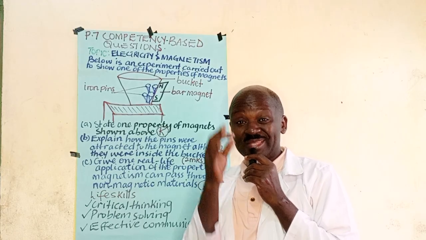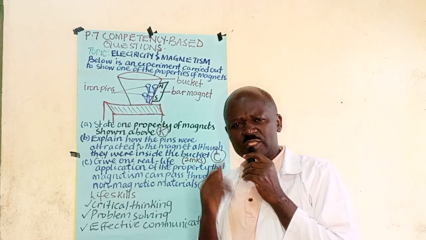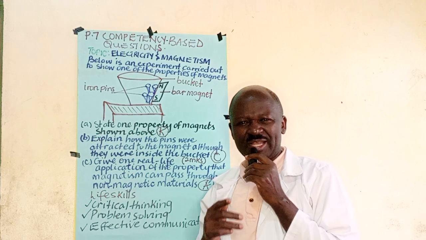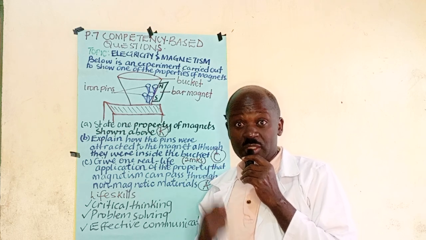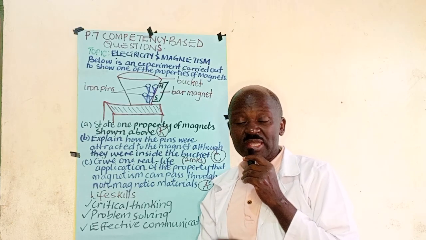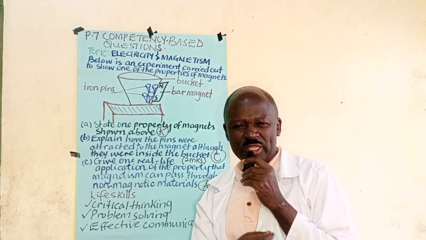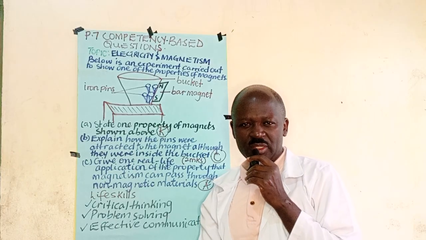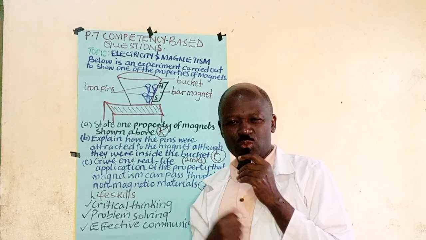So ensure that learners develop these skills, because we normally experience challenges when these learners are attempting the final paper of integrated science. They find problems in expressing themselves on a piece of paper. For example, I can ask this question in a different way.